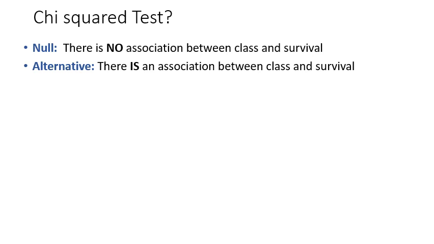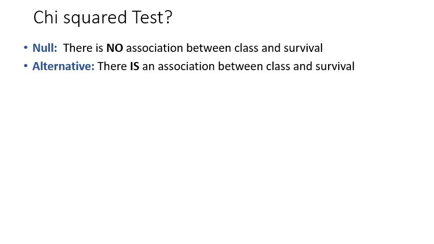So how do we do it? So the first thing that you are going to do, if you remember the steps of hypothesis testing, you would say that there is no association between class and survival. That is the statement of the null hypothesis. No association between class and survival. And the alternative hypothesis is there is association between class and survival.